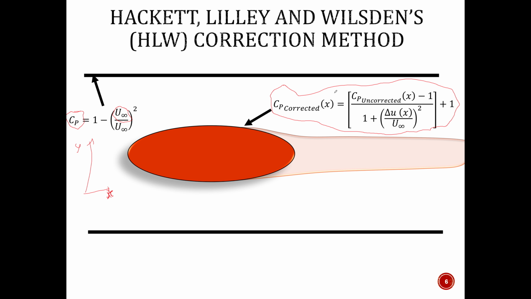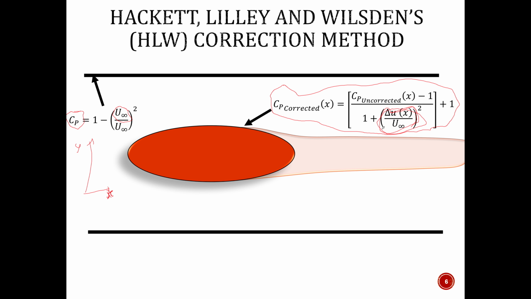If you look at the formula, it has the uncorrected coefficient of pressure, minus 1 divided by 1 plus delta U, which is the increase in velocity due to the tunnel wall, divided by U infinity squared. So if you think about it, this correction only works if you know what the incremental change in velocity is.